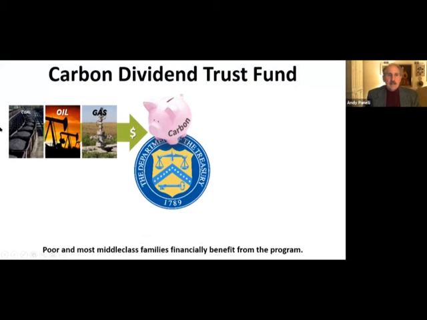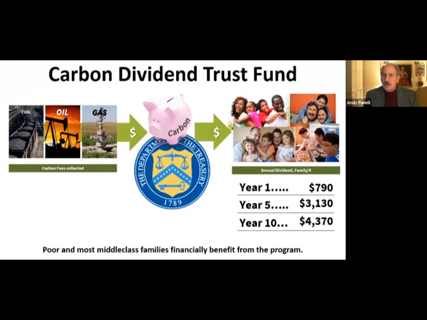So once again, when you hear the word carbon tax, and especially if it's being collected and redistributed back to U.S. households, this is the legislation that we need to be behind.